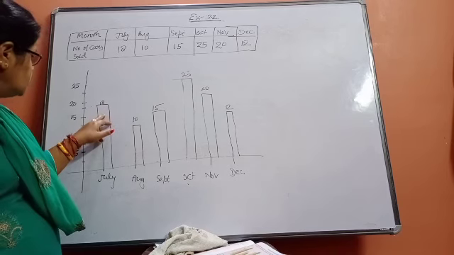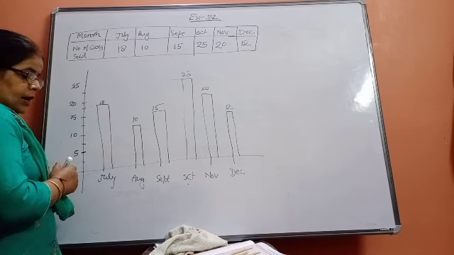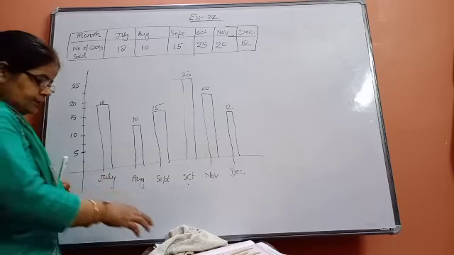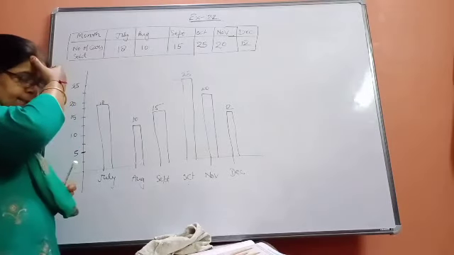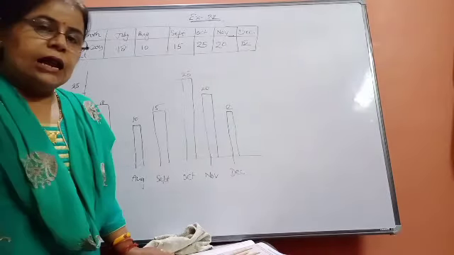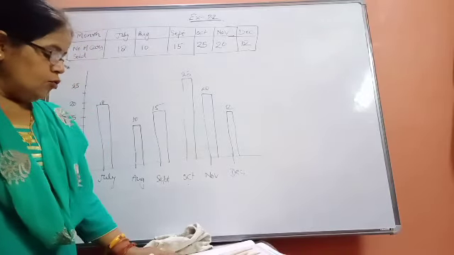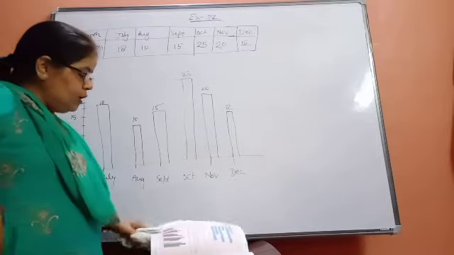Swimming is suppose this 40. A double bar graph is given on your page number 119 in the example. With the help of that you will draw it. The second question I am leaving for you. You will do this in your homework.